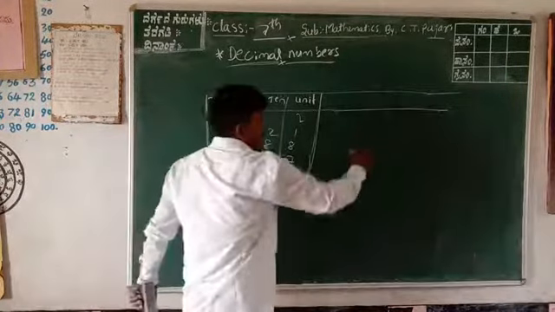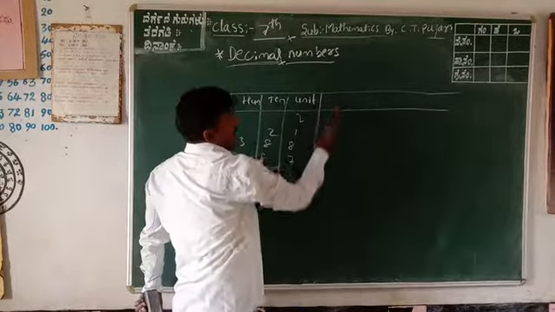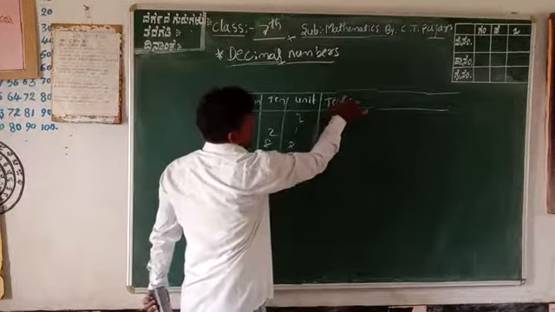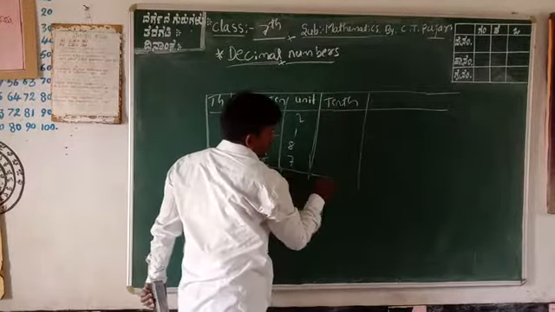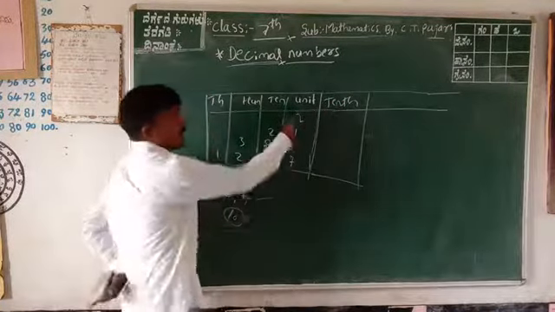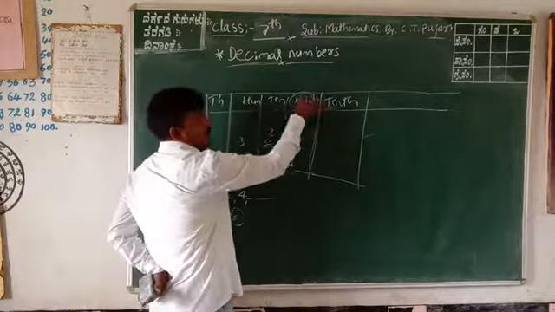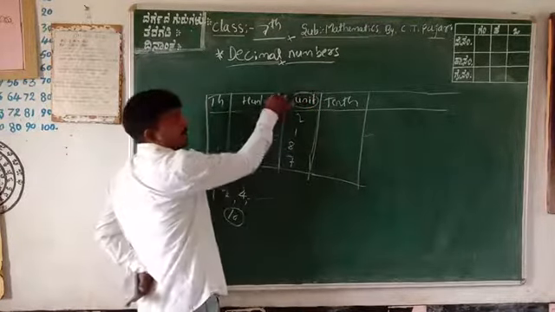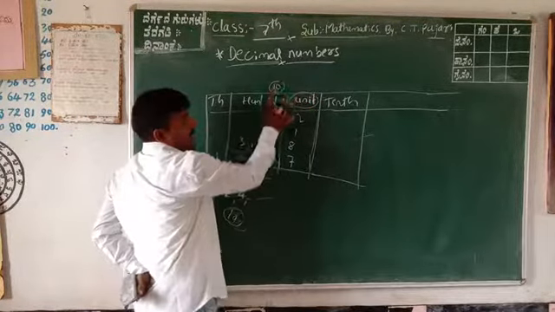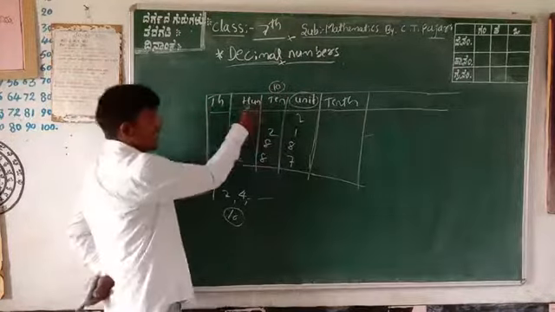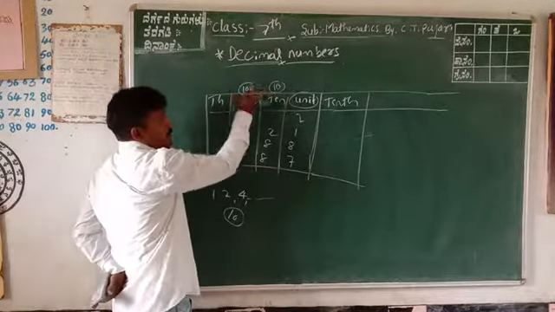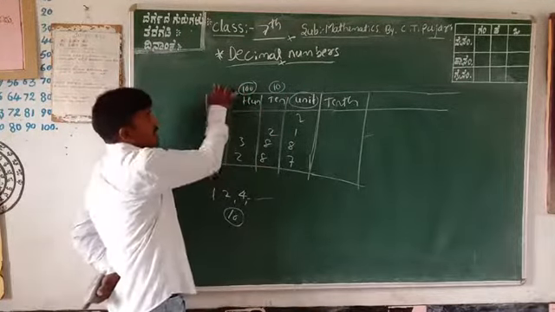On the right side, after the unit place, is the tenth. The unit place has only 1 to 9. The 10 place means 10, that is 1 0. 100 means 2 0, and 1000 means 3 0.